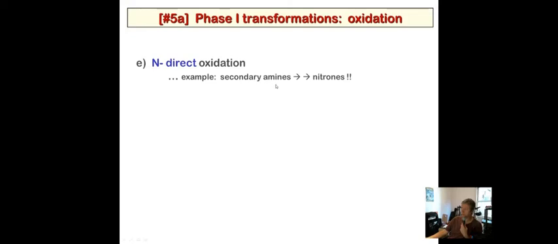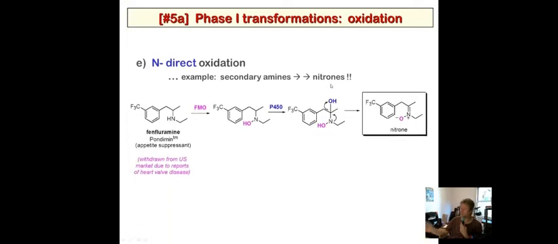Let's talk about secondary amines now. Like we said, secondary amines, when they are directly oxidized with FMO, will further react to make a different molecule, in this case a nitrone. So fenfluramine is an appetite suppressant. It was withdrawn from the US due to heart valve disease. It's a secondary amine, and FMO oxidizes it to the N-oxide.